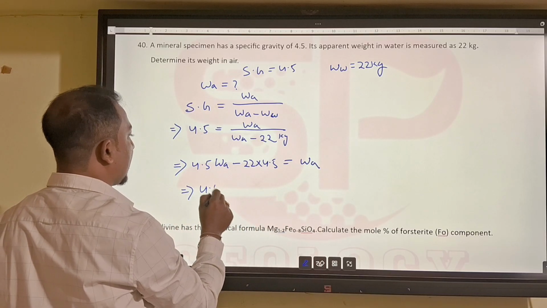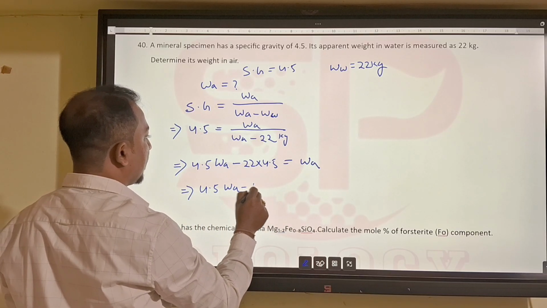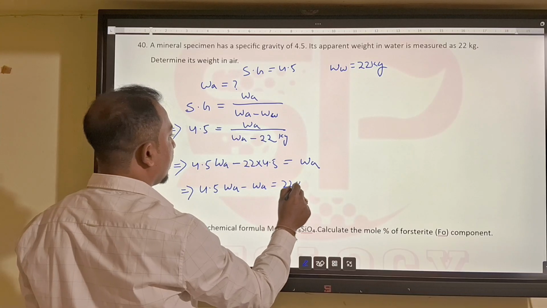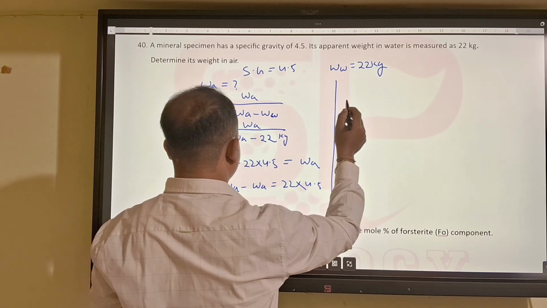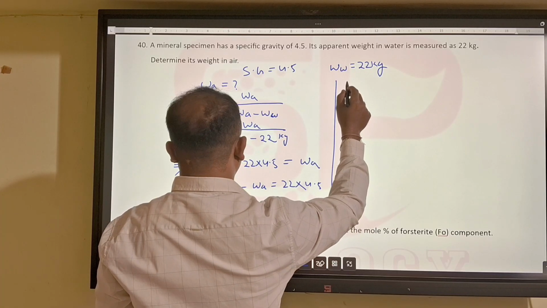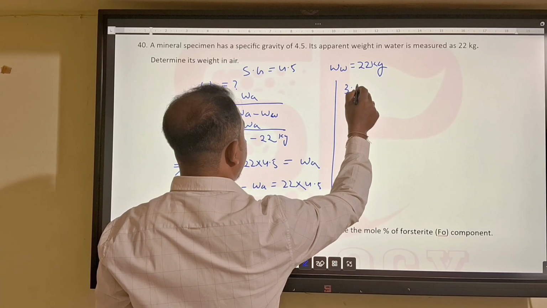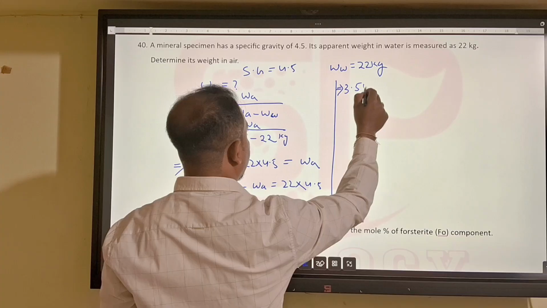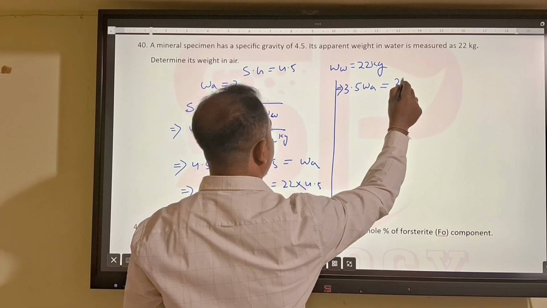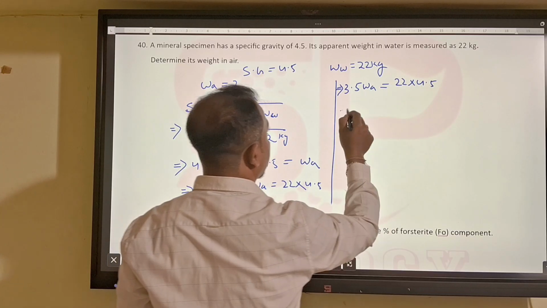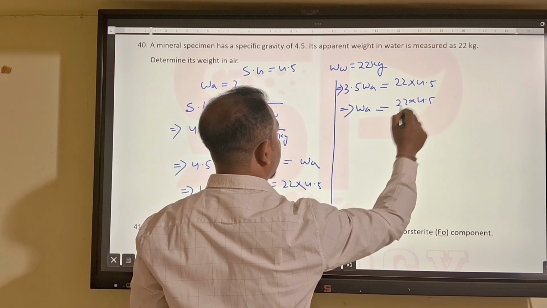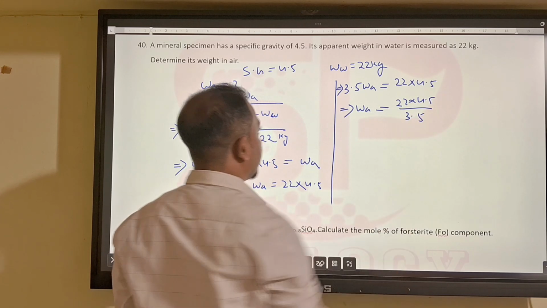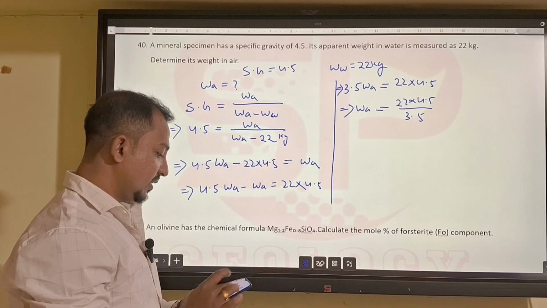So 4.5 weight in air minus weight in air equals 22 into 4.5. So 3.5 weight in air equals 22 into 4.5. So weight in air will be 22 into 4.5 divided by 3.5. So let's solve this.